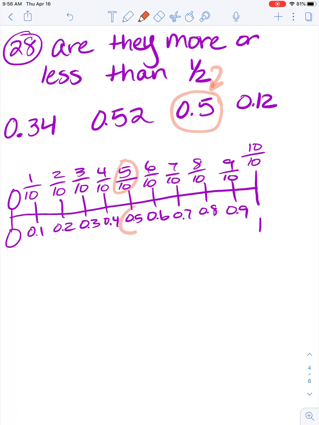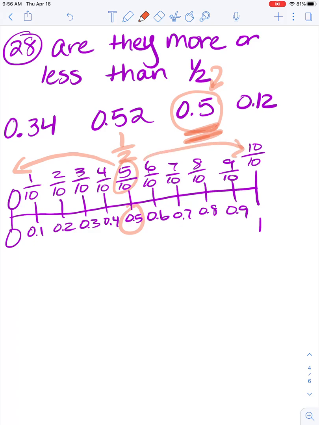Half of 10 is 5, so that is equal to 1/2. So anything to the left is going to be smaller, and anything to the right is going to be bigger.